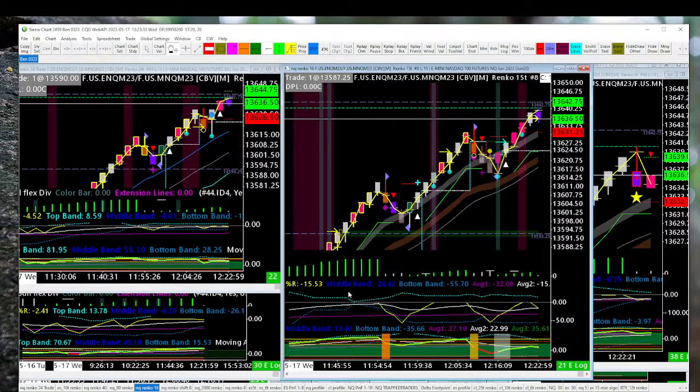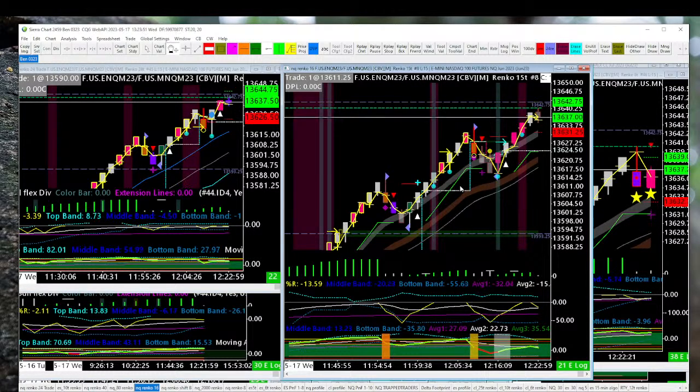I have a spreadsheet. I need a lot of practice before I get confident with a new setup. I don't want to put real money on the line for something that might be working for the group, but I don't personally have experience executing it yet. I just won't do it until I've had the time and the need to go back and see if it's working, see if I can do what they're doing.